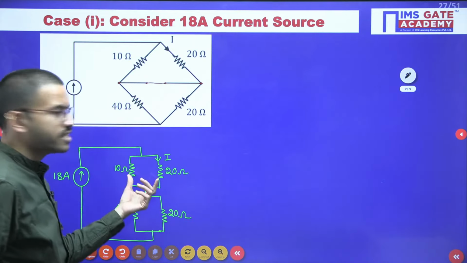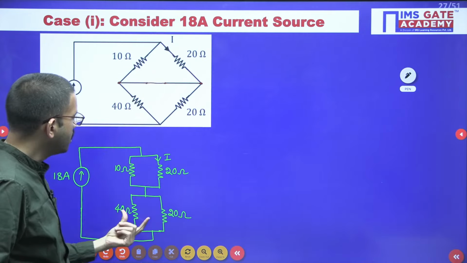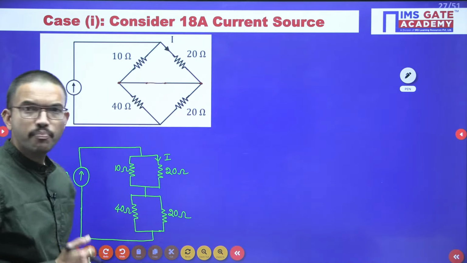Yes, both are equivalent, right? Here 10 ohm, 20 ohm, they are connected in parallel. Here 40 ohm, 20 ohm, they are connected in parallel.